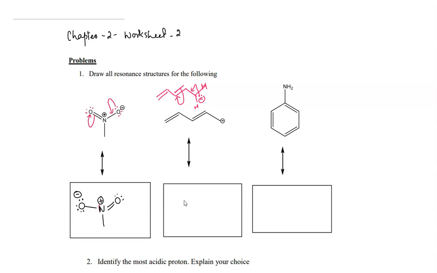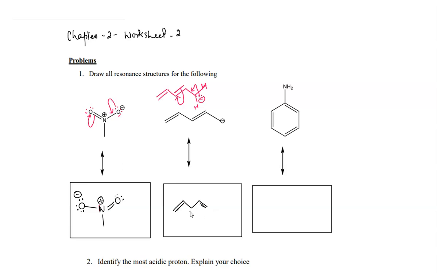So the resultant structure would be, the total number of carbon atoms is 5. You did not touch this bond, so that remains intact. Use the lone pair of electrons to form a bond here, correct? So you have a double bond here now.